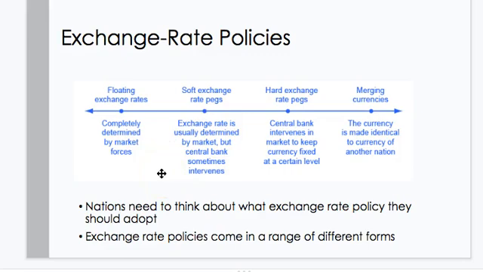There can be a band within which the exchange rate fluctuates. Hard exchange rate pegs: the central bank always intervenes in the market to keep the currency fixed at a certain level. And then there's merging currencies. The currency is made identical to the currency of another nation.